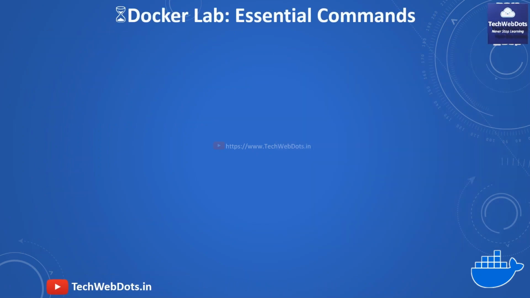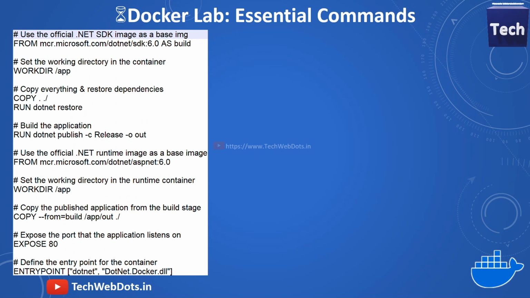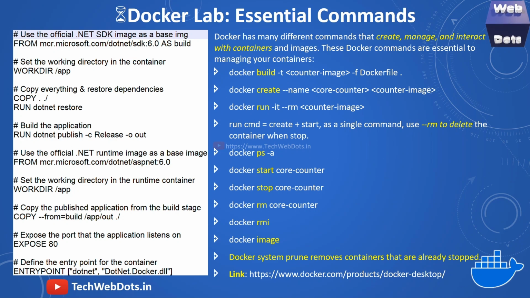From the Docker essential commands point of view, we have already discussed the Dockerfile and how the instructions written in it work. We just need to have this file in our solution. The commands that will work for us: docker build for building the Dockerfile, which will give us an image, and then we can use the docker create command, which will create the container.